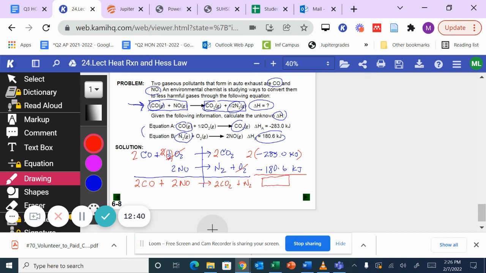But I see that this equation is double the overall equation, which means whatever I get, I'm going to have to divide it by 2, because I have to divide this whole thing by 2 to make it look like that. Okay, so the overall reaction, when I plugged it all in my calculator, I got negative 373.3 kilojoules. And that is the heat of reaction for the overall equation.